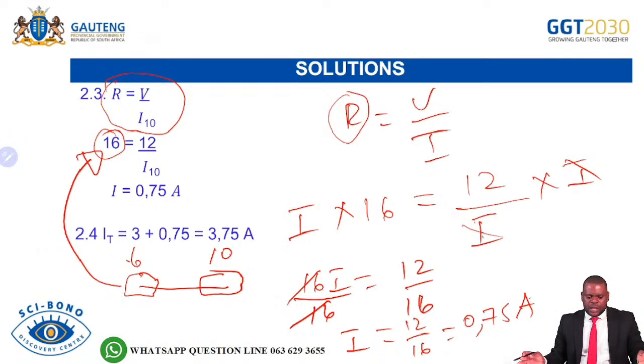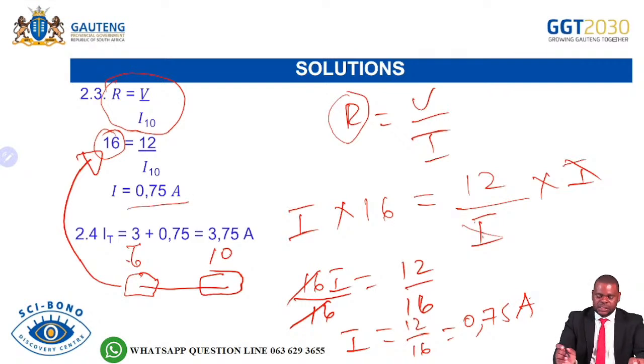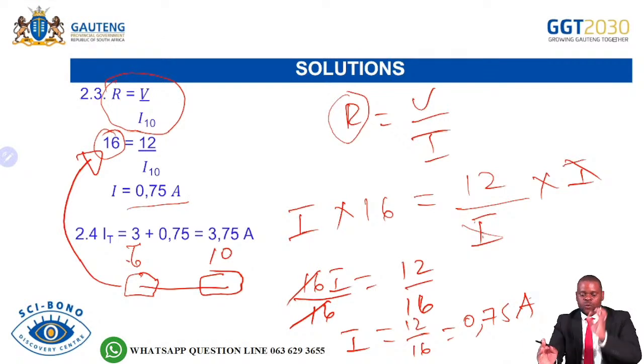Remember the first current that you calculated, it was 3, the one that is passing in the 4 ohm. Now we take that 3 and add it to the current that is passing through the 6 and 10. Are we together?